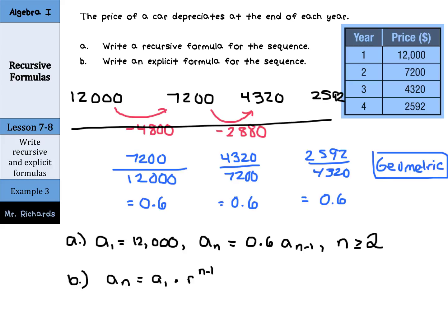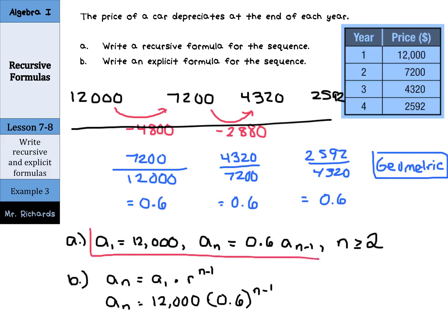We can fill this in by saying an is going to equal our first term of 12,000 multiplied by our common ratio of 6/10 to the n minus 1 power. So we have our recursive formula for the sequence in part A and our explicit formula here in part B.